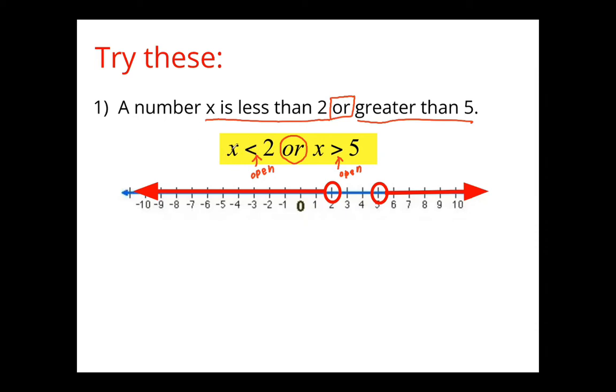So x is less than 2, x is on the left, so draw your graph in the same direction as the inequality symbol, but just to the left. X is on the left for x is greater than 5, too. So you can go ahead and draw your arrow in the same direction as greater than, which is pointing to the right.